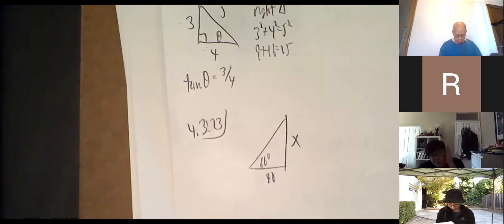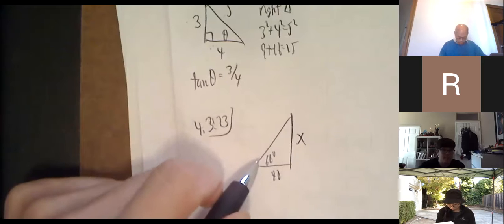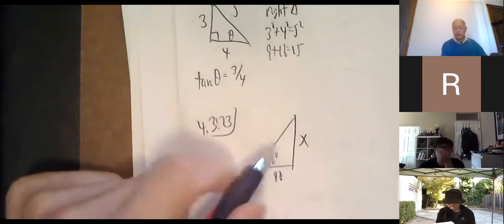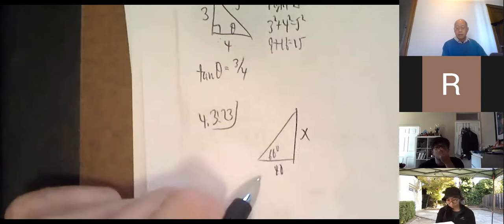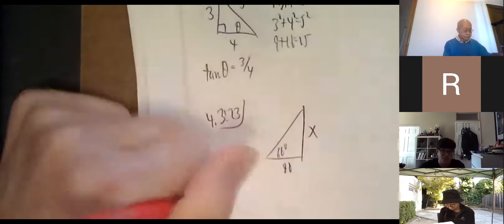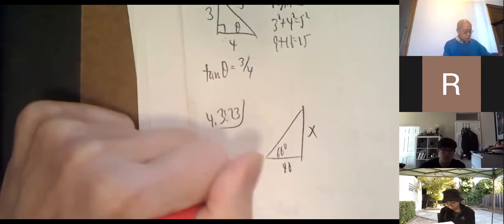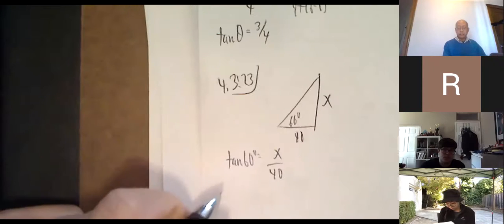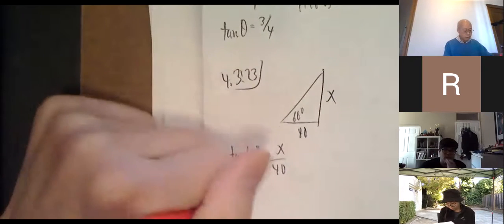So mode, I am in degree mode. All right, so this is it. Find x without ever climbing this, right? Opposite, adjacent. Sounds like tangent. Tangent 60 degrees is opposite over adjacent. Multiply by 40 and you're done.